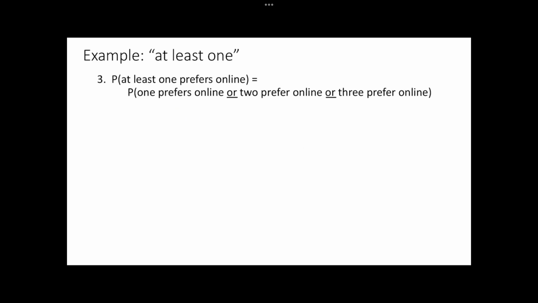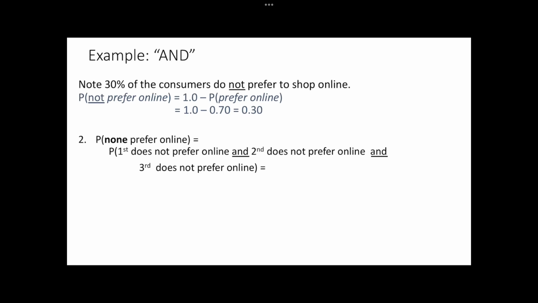So those are independent events, and so I'm allowed to multiply those probabilities. So the probability the first does not prefer online times the probability that the second, I'm going to say not online just to save some writing, and the probability that the third does not like shopping online.